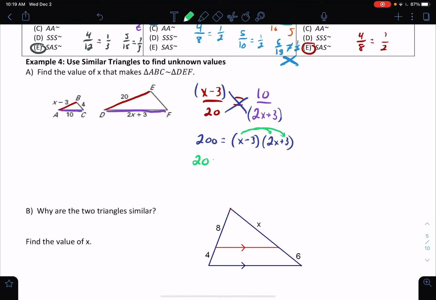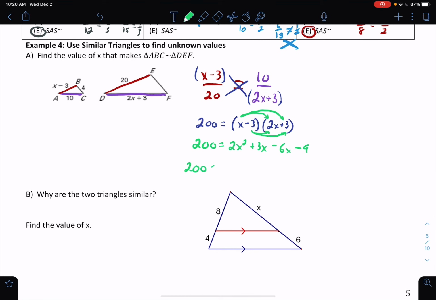All right, so I've got 200 equals x times 2x, which is 2x squared, x times 3, which is 3x, negative 3 times 2x, which is negative 6x, and then negative 3 times 3, which is negative 9. Okay? Combine like terms, so I'm going to get 200 equals 2x squared minus 3x minus 9. I need to set this equal to 0, so I get 2x squared minus 3x minus 209 equals 0.